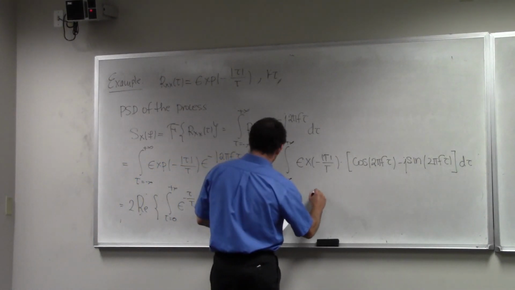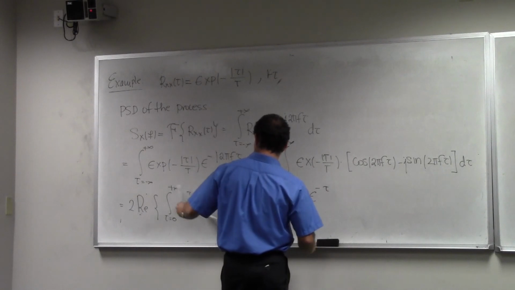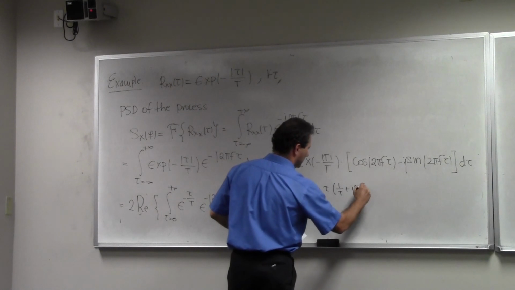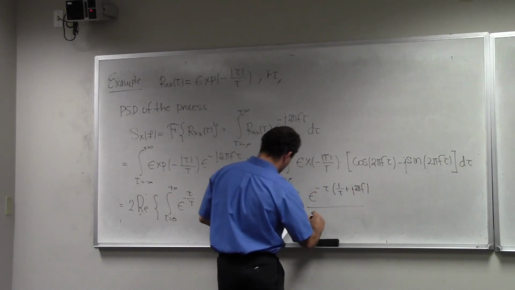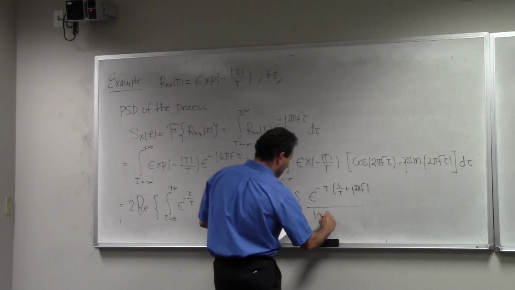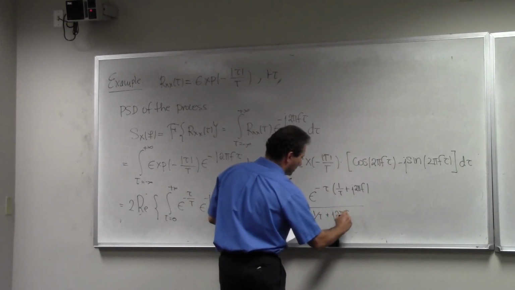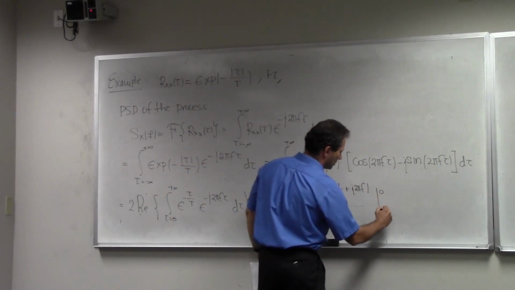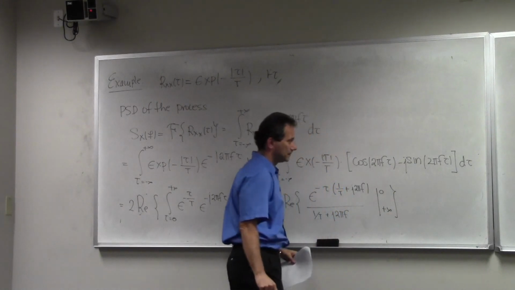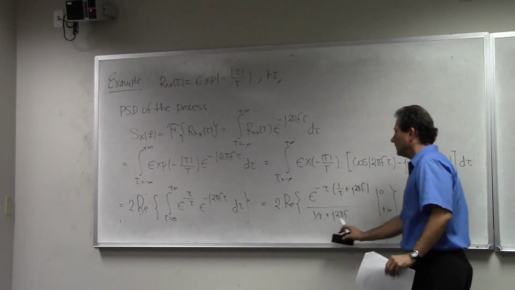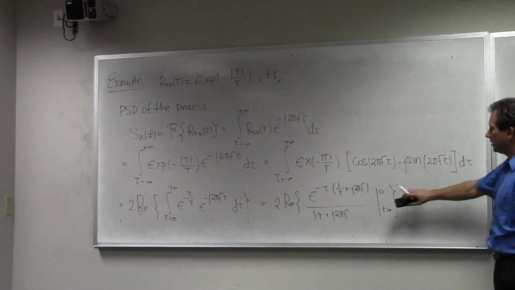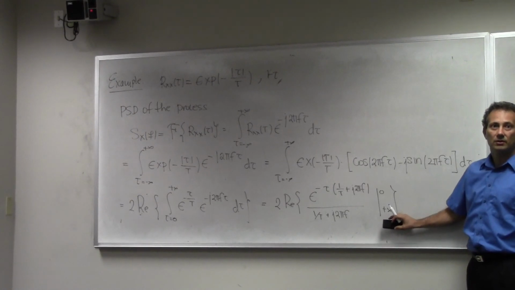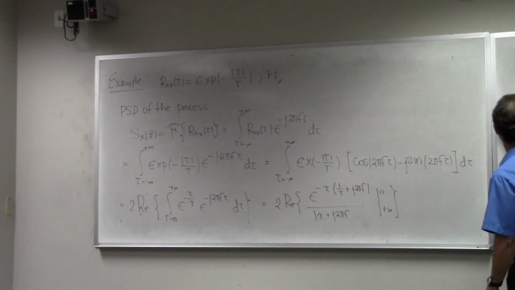So it's e to the minus tau times 1 over capital T plus j 2 pi f, divided by 1 over T plus j 2 pi f. Since I forgot the minus, I flip the boundary, so it's 0 to plus infinity. When you substitute 0 for tau, you get 1. When you substitute infinity, you get 0. So it's just 1 upstairs.